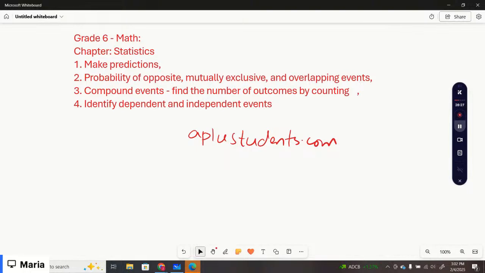You have to log in there using your email address and password as provided by the administrator. Then you have to select math from the subject tab. Scroll down to grade 6 math and then click on view all lessons.